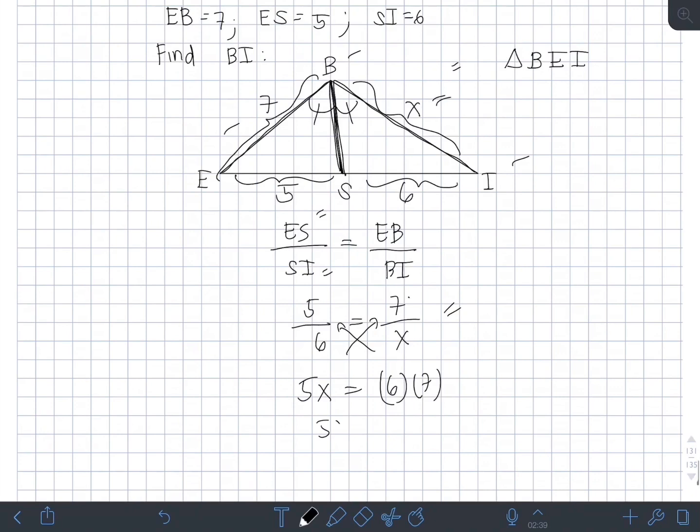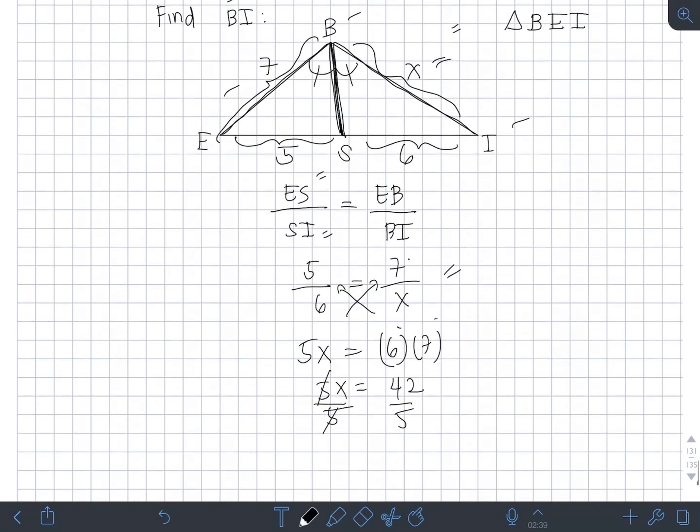So we have 5X is equal to 6 times 7 is 42. Divide both sides by 5. Cancel 5. X is now equal to 42 divided by 5 or 8.4 units. So therefore, the length of BI is equal to X, which is 8.4 units.